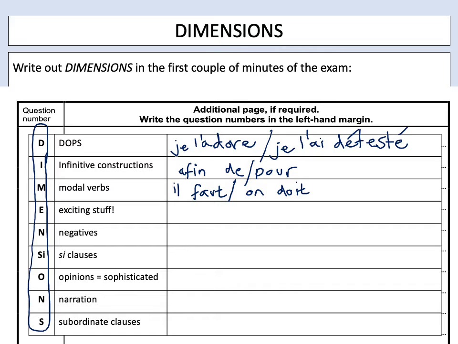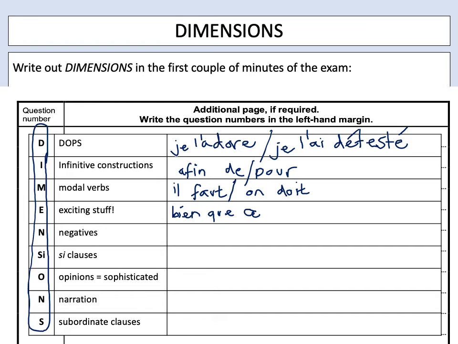Exciting stuff. You will need your own thing here. Loads and loads of options. This really is one little thing that's really complicated, really high level, really interesting, really stands out. So I'm going to use this one, bien que ce soit.